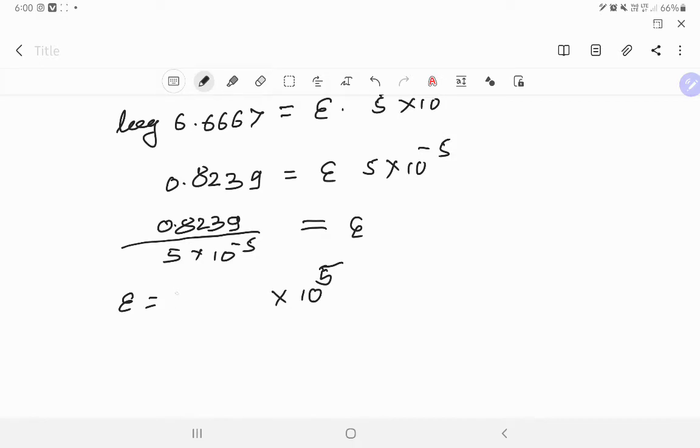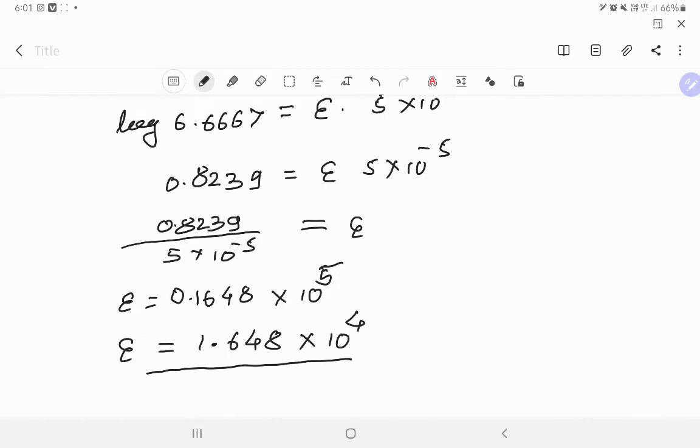It will be 0.1648. Therefore, the value of epsilon will be 1.648 into 10 raised to 4. This will be the molar extinction coefficient.